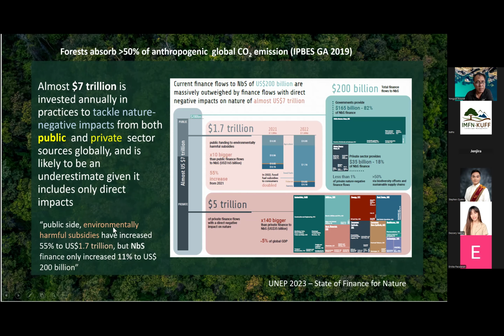On the public side, from 7 trillion US dollars, the government paid about 1.7 trillion, but the projects related to nature-based solutions were only 11%, and the rest contributed to other sectors.